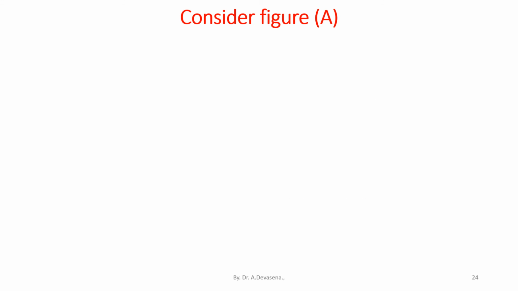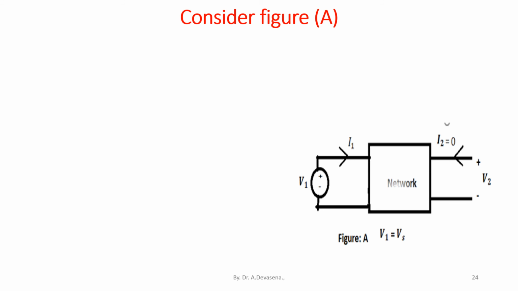Consider figure A. This is the representation of figure A. Here we have considered V1 equal to Vs and I2 equal to 0. That is, we have considered the input voltage as Vs and the output current as open circuited.